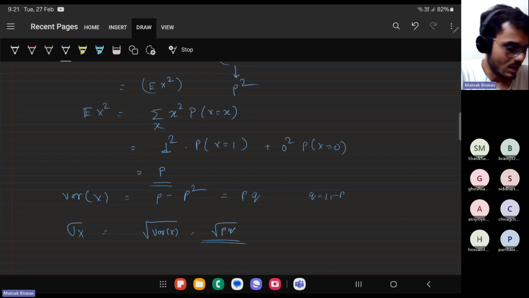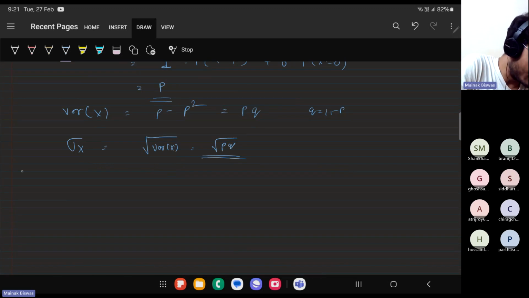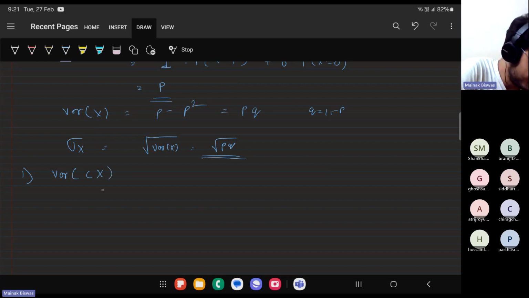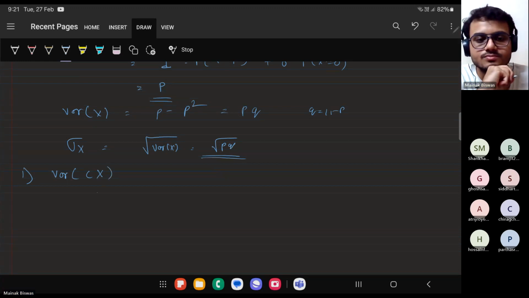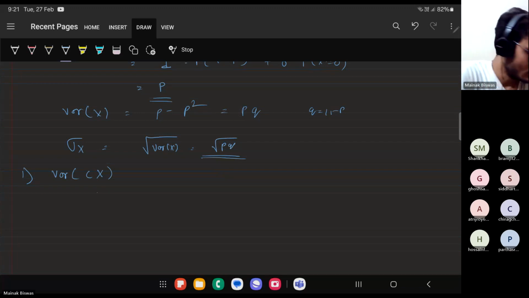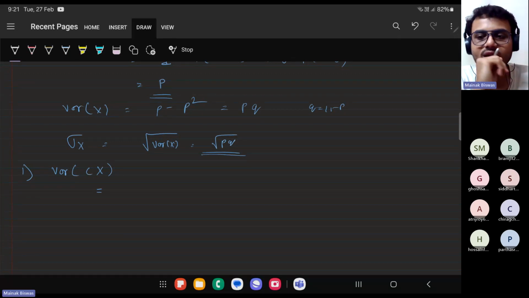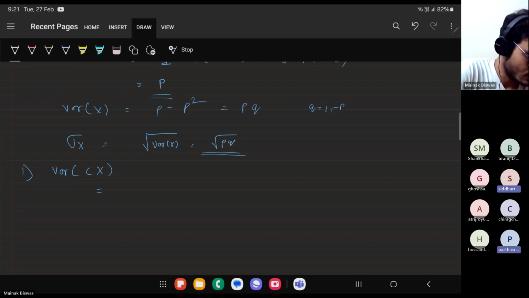Okay. Now someone tell me these properties of the random variable: variance of a constant into x. How do I solve? Variance of a constant into x is c square into variance of x.